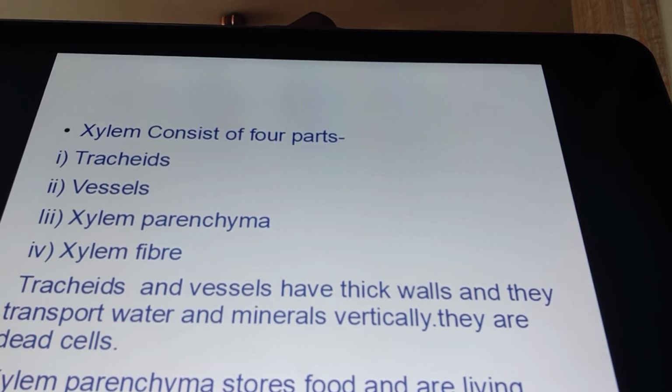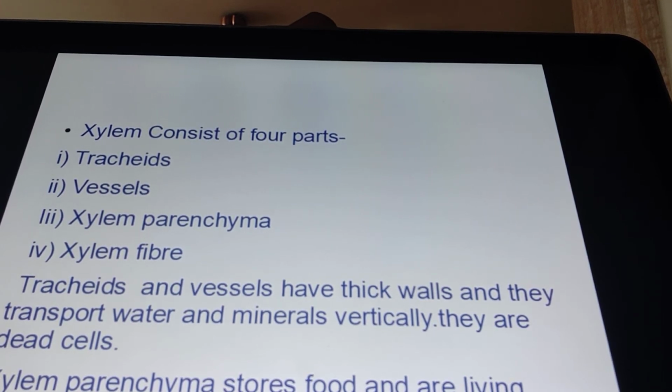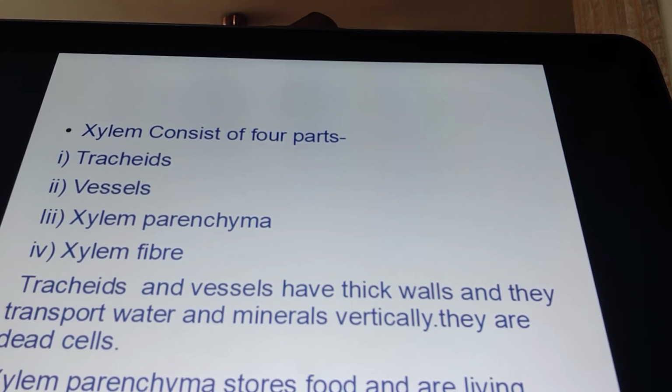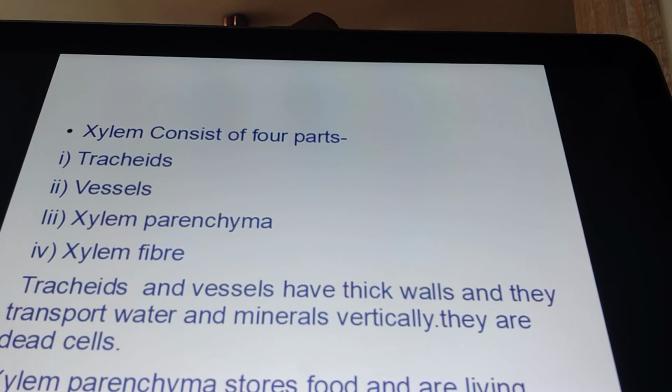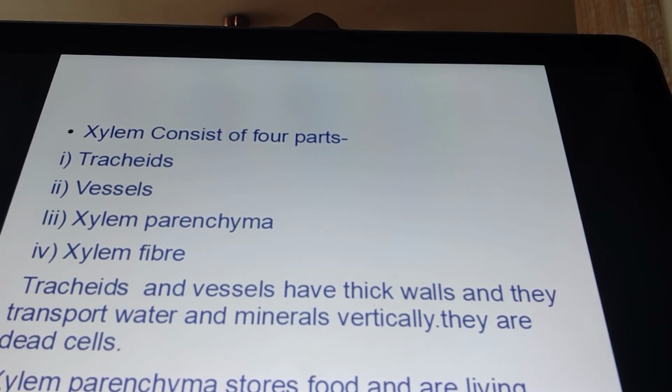The most important element of xylem is the vessel, because it conducts most of the water and minerals upward from the roots to different parts of the plant body. So tracheids and vessels both have the same function: to transport the water and minerals and supply them to all parts of the plant body. Xylem parenchyma helps to store food, mainly in the form of starch and fatty materials.